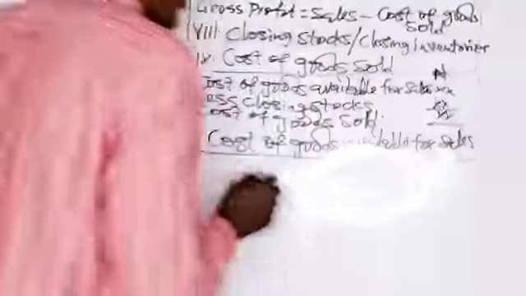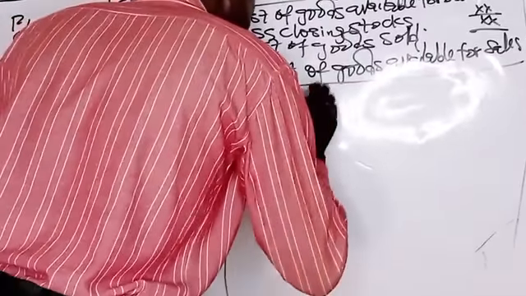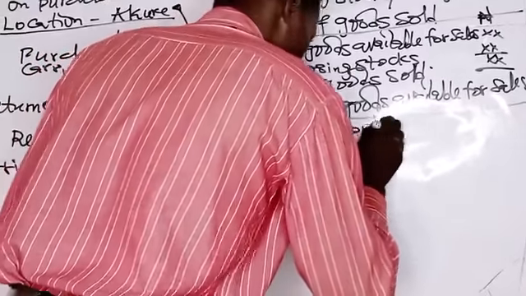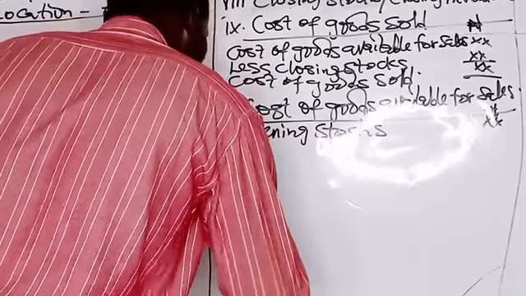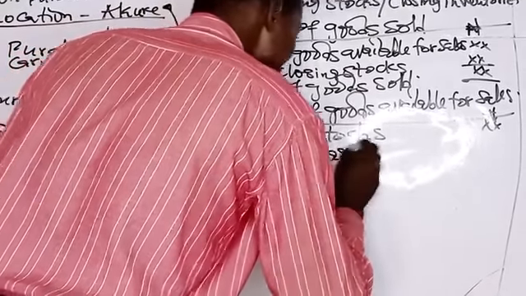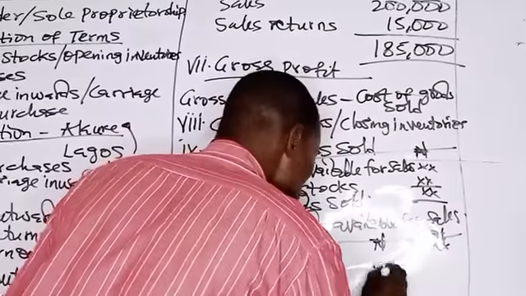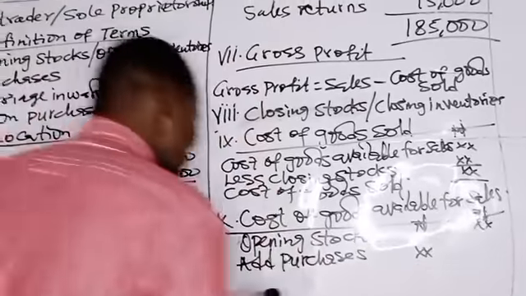To get cost of goods available for sales, you start with opening stocks. Then you add purchases. Remember, I've told you earlier that carriage inwards should form part of the purchase price if given in the question.